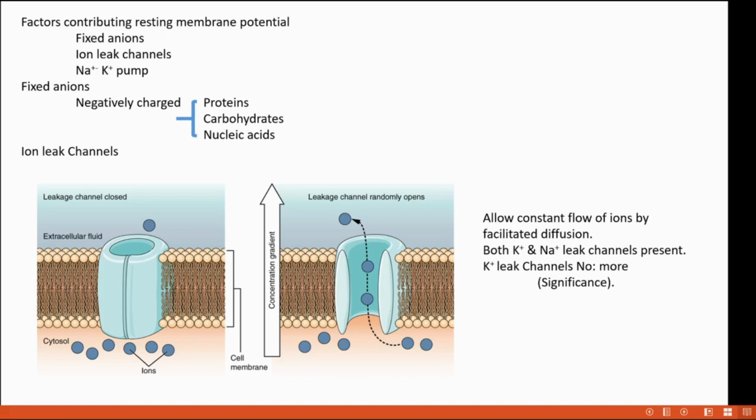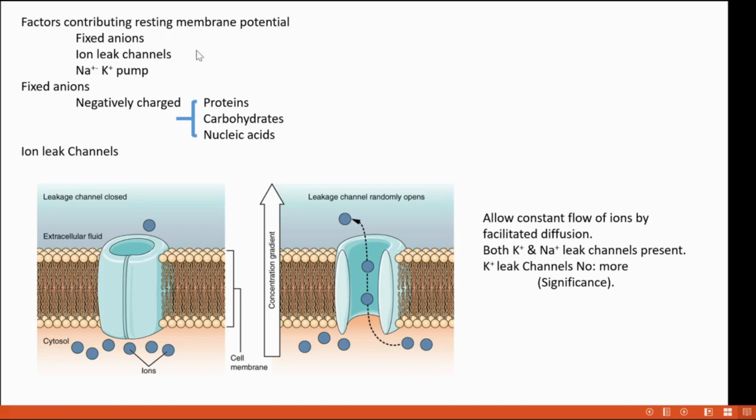So, they always remain inside the cell and their charge is negative. So, they are called fixed anions. So, more negative charge carrying substances are present inside the cell that imparts a negative charge towards the inside of the cell wall. That factor supports the maintenance of negative charge inside the cell.